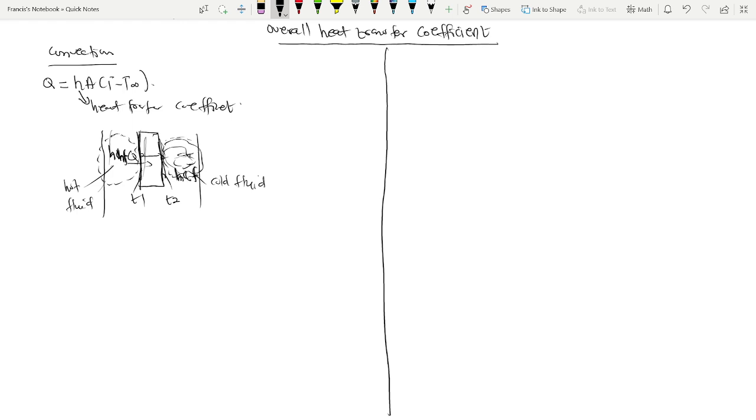And let's call the temperature of the hot stream THF, hot fluid, and TCF as the cold fluid. So the heat transfer from this hot fluid to the metal surface here is by convection. Now let me establish this.